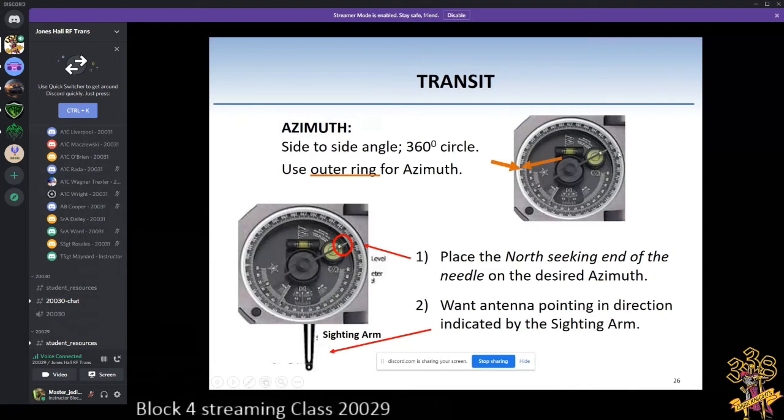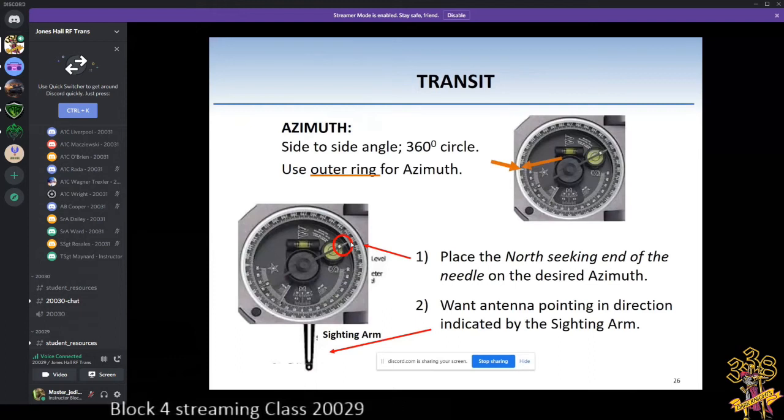When you use the transit, you're going to see that it has two levels, a round level and a bar level. The round level you're going to use when you're finding azimuth, because it's going to let you know when you're holding that transit level. And along with that, you have your needle. Just like a compass, a needle always points which direction? North. Always points north.